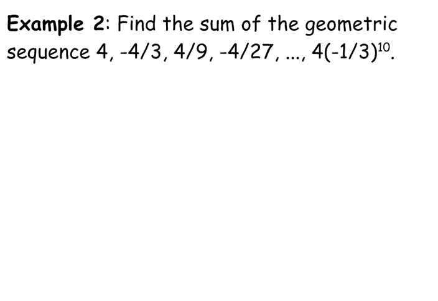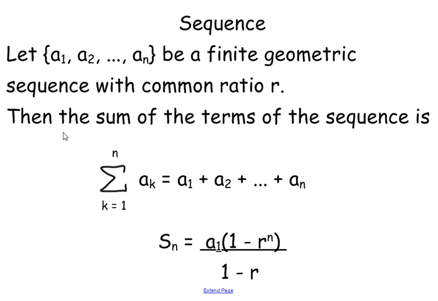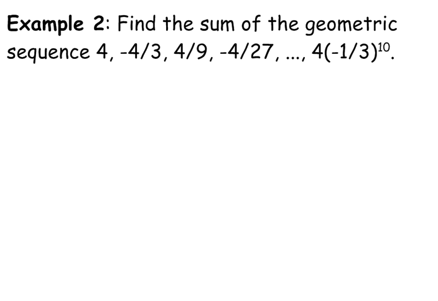So for our formula, what do we need to know? We need to know the first term, the common ratio, and the number of terms. First term, that's easy. That's 4. So the sum of, I'm not going to put a subscript on it because I don't know what the subscript is yet, the first term, 4, times 1 minus, what's the common ratio?